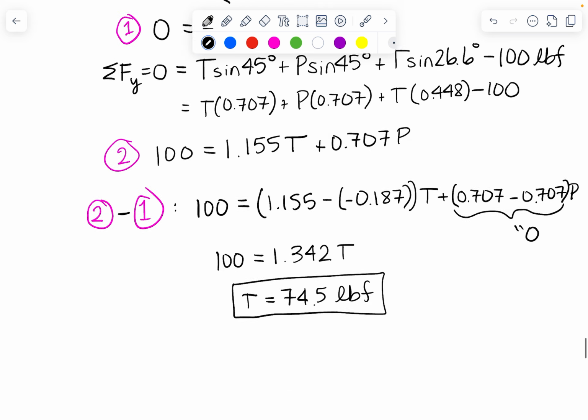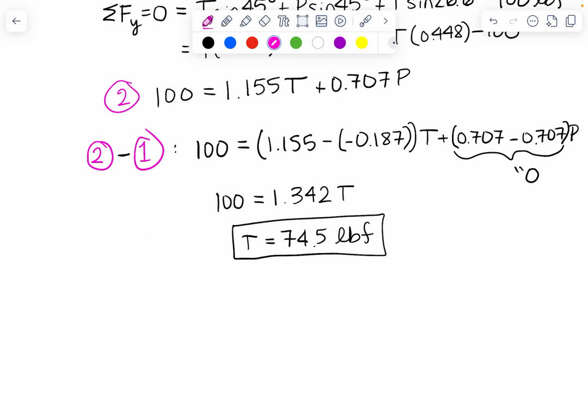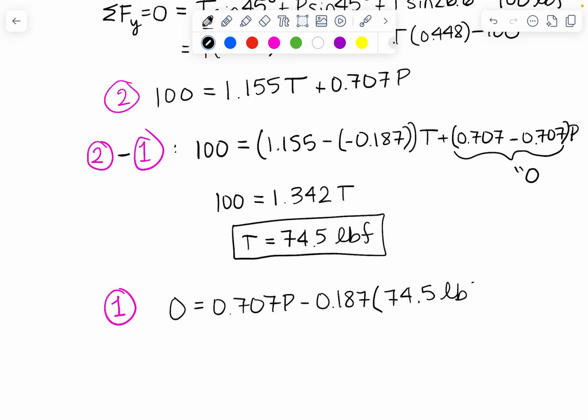Okay, almost done. Now we need to plug this back into our first equation. We could plug it into the second one too, but I'm going to use the first one. And so we find that 0 equals 0.707 P minus 0.187 times what we just got for T, which was 74.5 pounds.